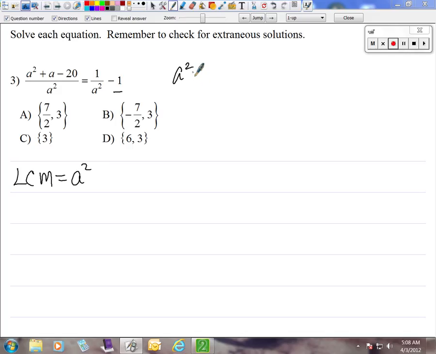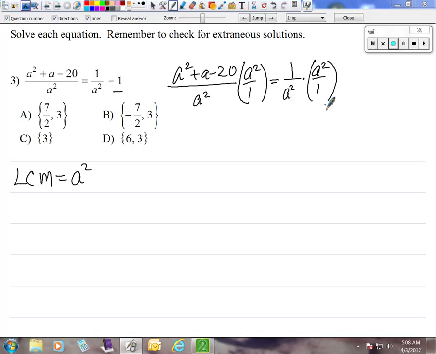We have a squared plus a minus 20 over a squared times a squared over 1, and then we have an equal sign, 1 over a squared, which we're going to multiply by a squared over 1. But here, I think it's very important to teach you to change these subtractions to adding the opposite.